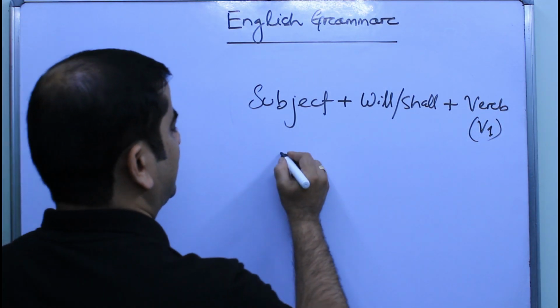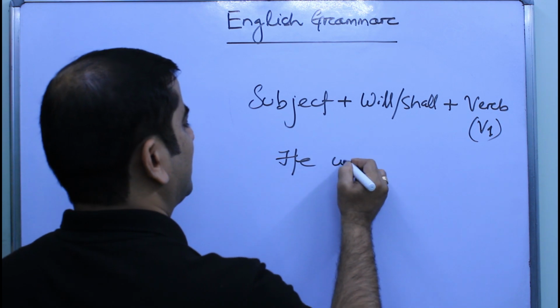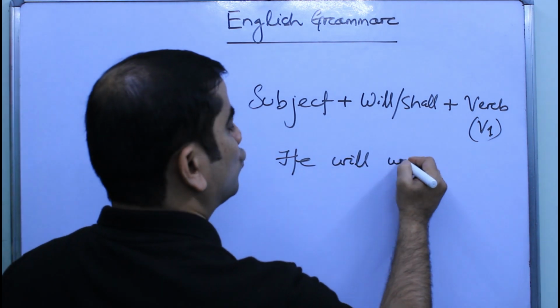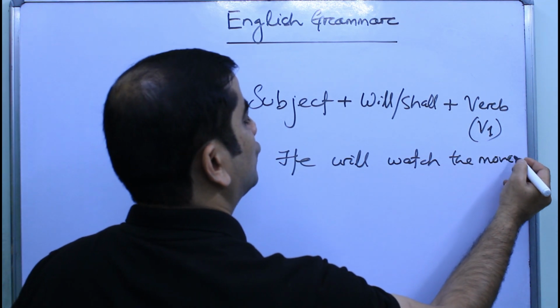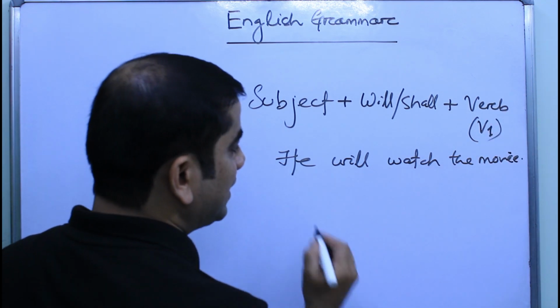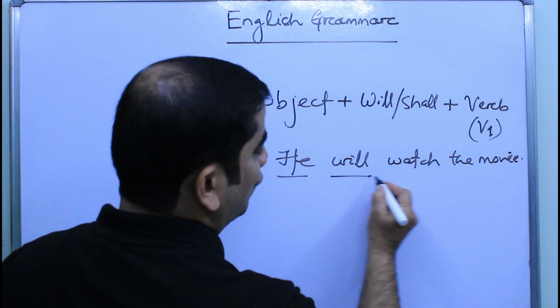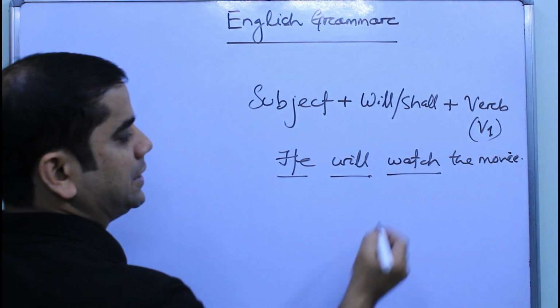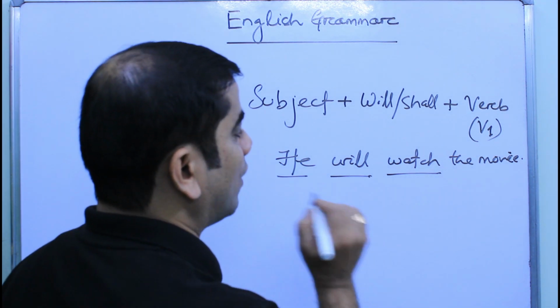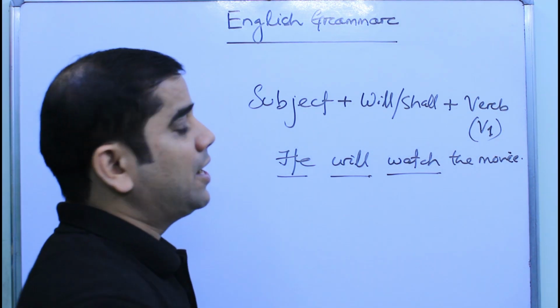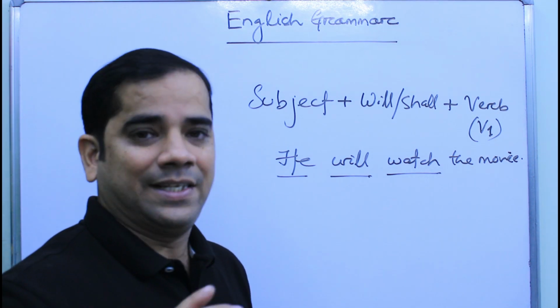For example, he will watch the movie. Subject, will, main verb. This is the V1 form, or we can say it is the root of the verb. So in this way we should form the tense.